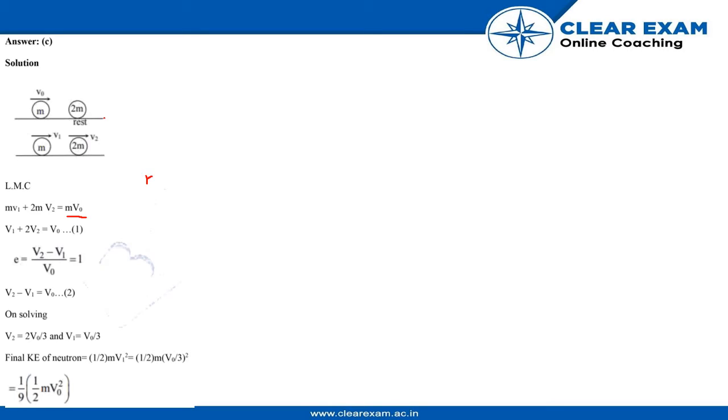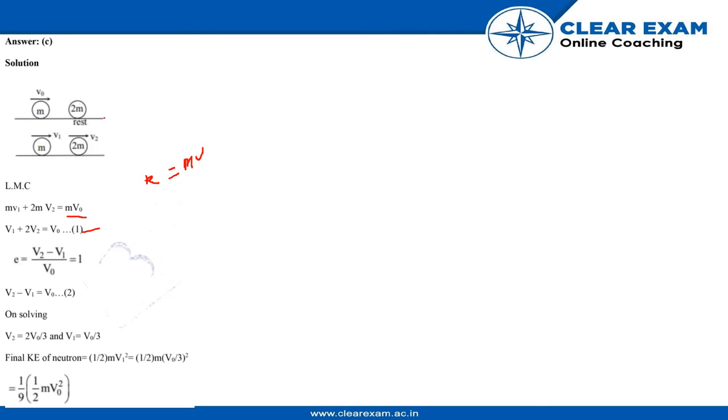As we know, K equals half mv squared, so we are finding the kinetic energy. So v1 plus 2v2 equals v0 after cancelling out the m on both sides. This will be our first equation.